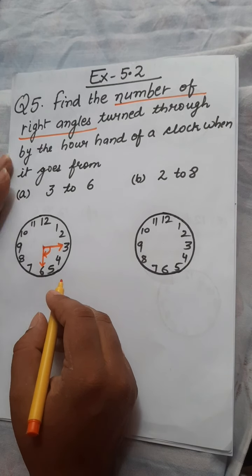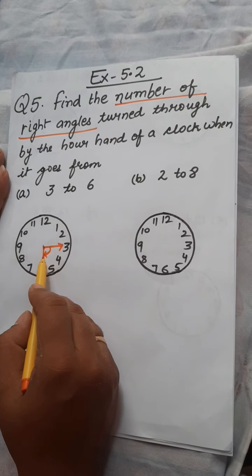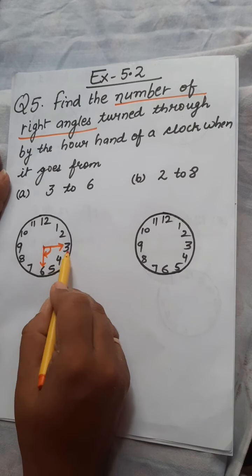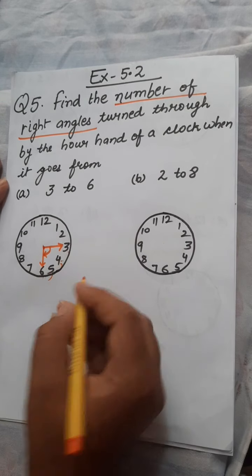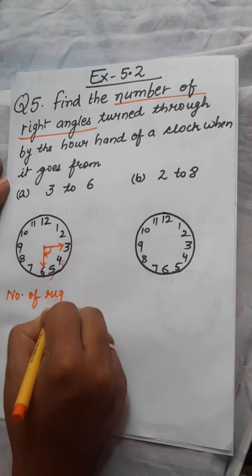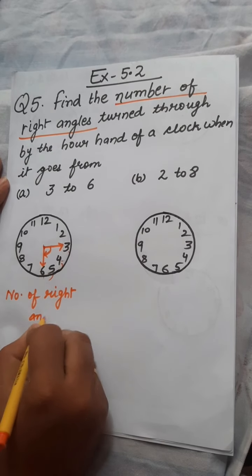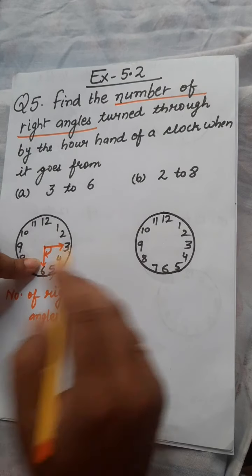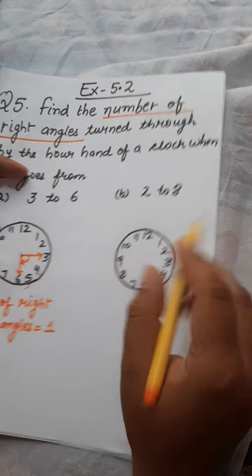As we know that if there is an angle of 90 degrees, then 90 degrees covers 15 minutes. So here we have 5, 10, then 15. So here we have the number of right angles, that is 1.